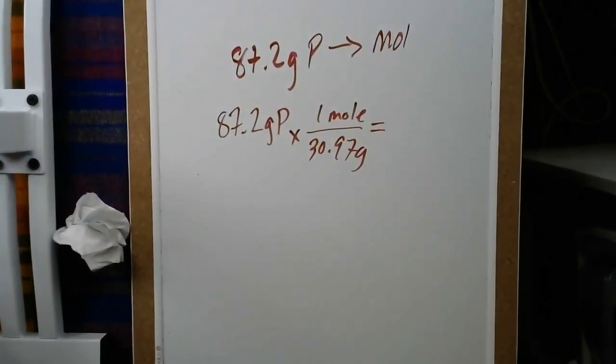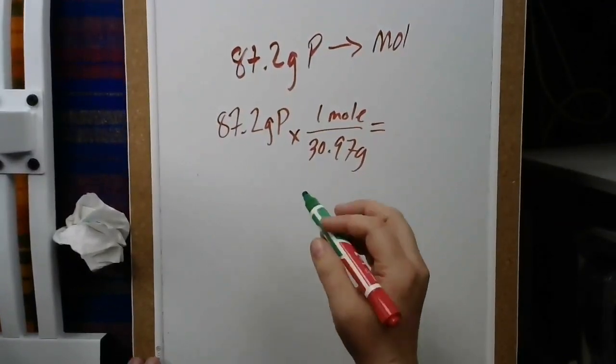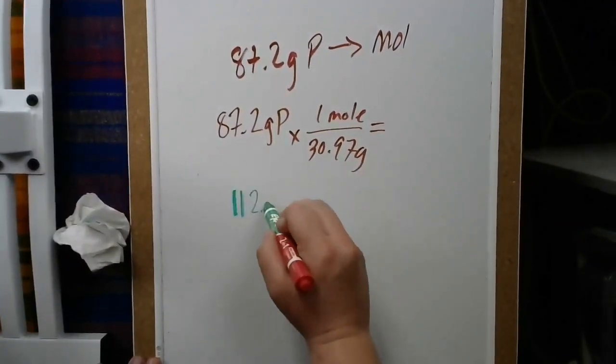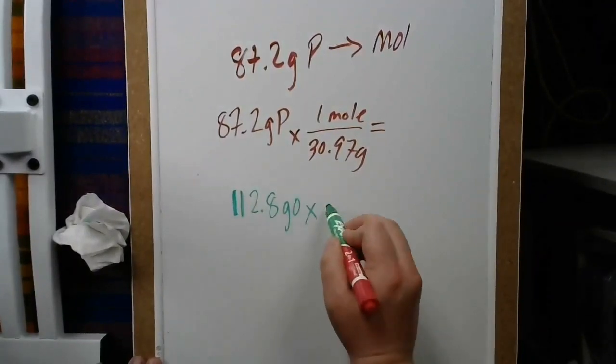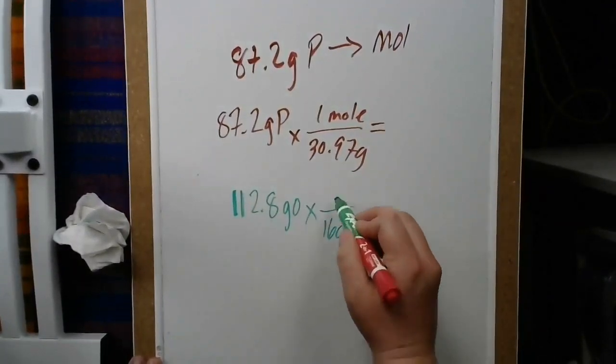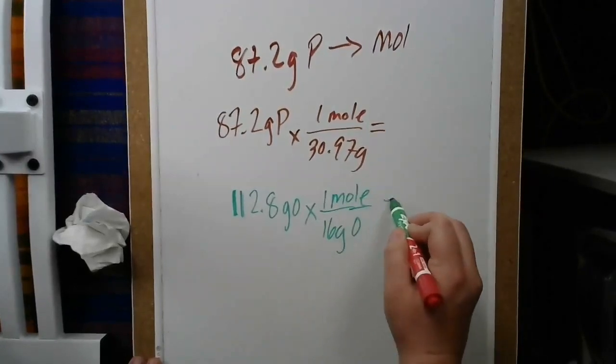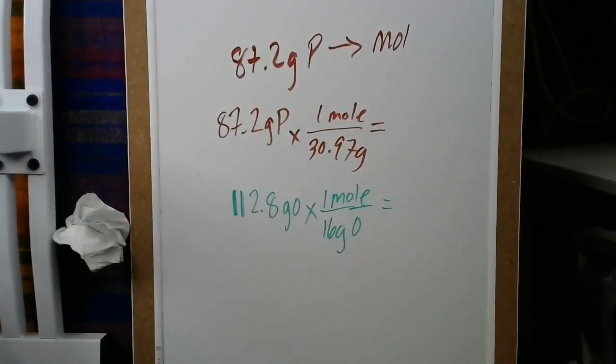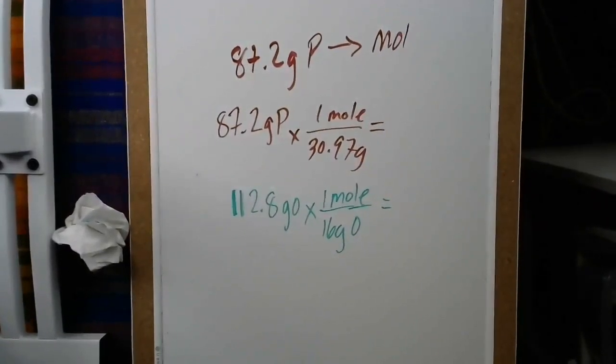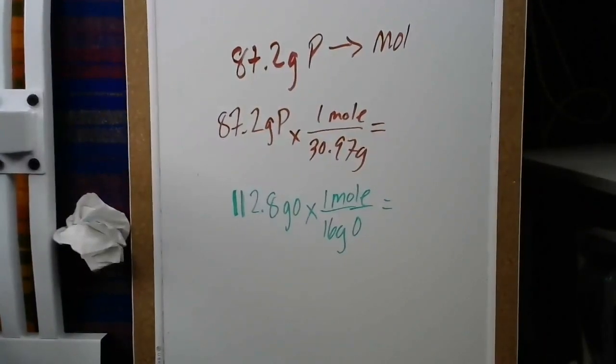And then okay. So those are our two equations that we want to set up. Okay, let's get numbers for this. Divided by 30.97. So we got 36.8.